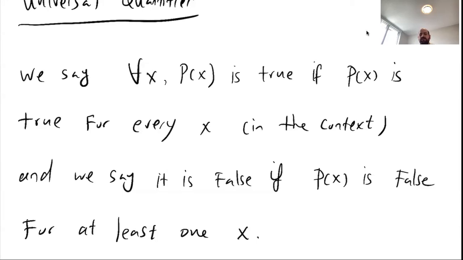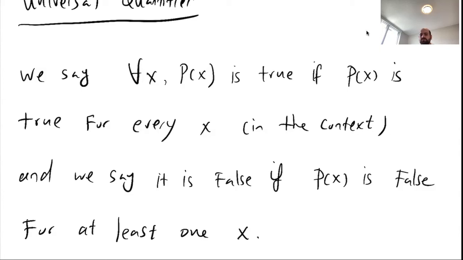For example, let's say in a Math 120 class, even if you have one student with, let's say, GPA 3.4, and even if the rest of the students have GPA more than 3.6, if I say for every student in the class, the GPA is more than 3.6, then this statement is false, because for one student, the GPA is less than 3.6.